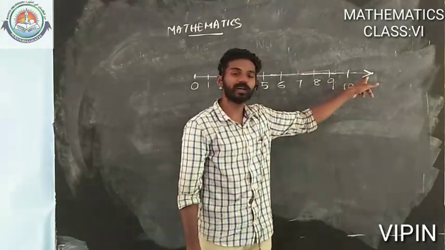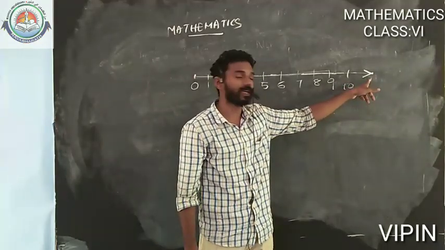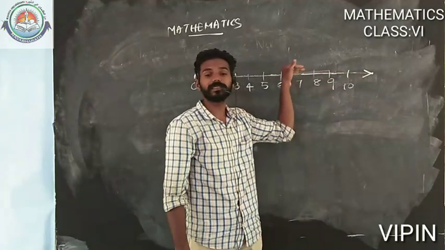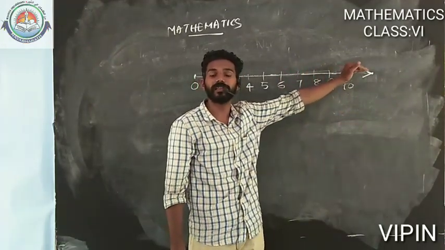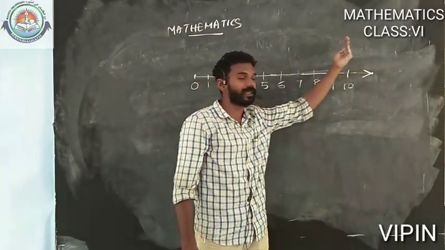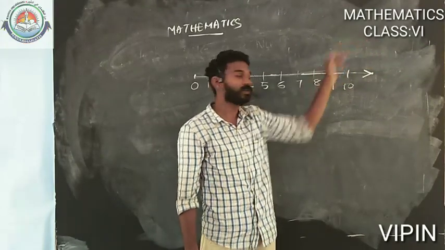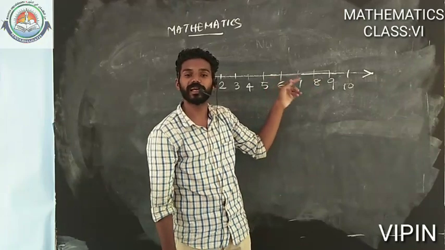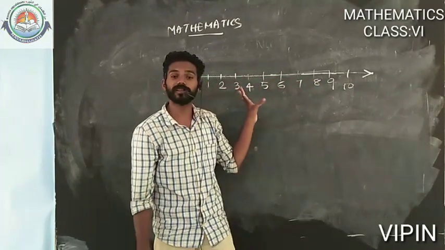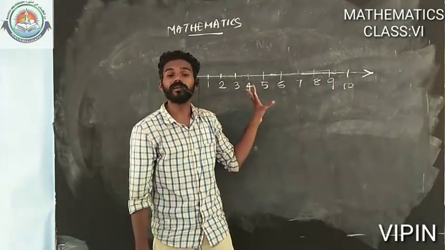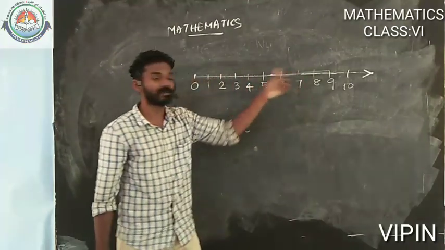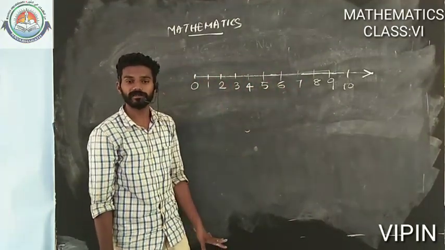This arrow mark means that these numbers do not end anywhere. They extend up to infinity. Clear? So this is how the numbers can be represented. The natural numbers as well as the whole numbers can be represented on the number line.